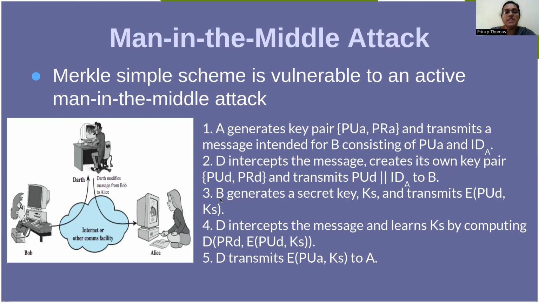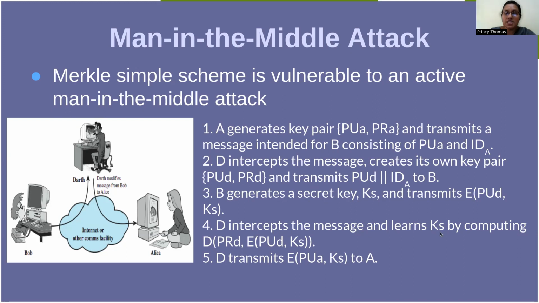So B generates the secret key, encrypts it using D's public key, and sends KS. Again, D intercepts the message, and because this is his public key, he uses his private key to decrypt it and now knows KS.